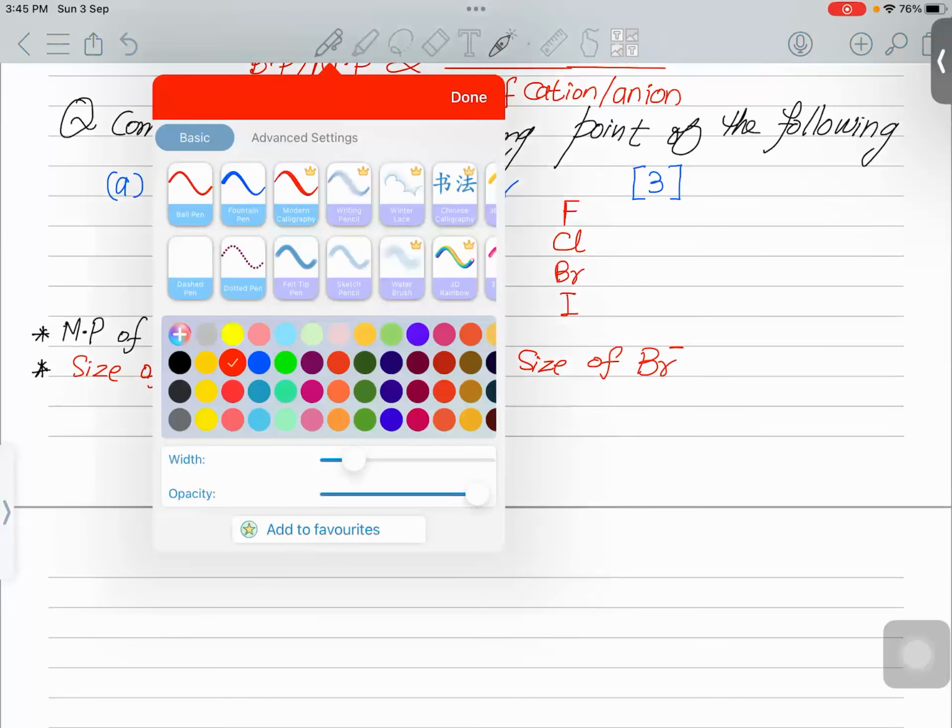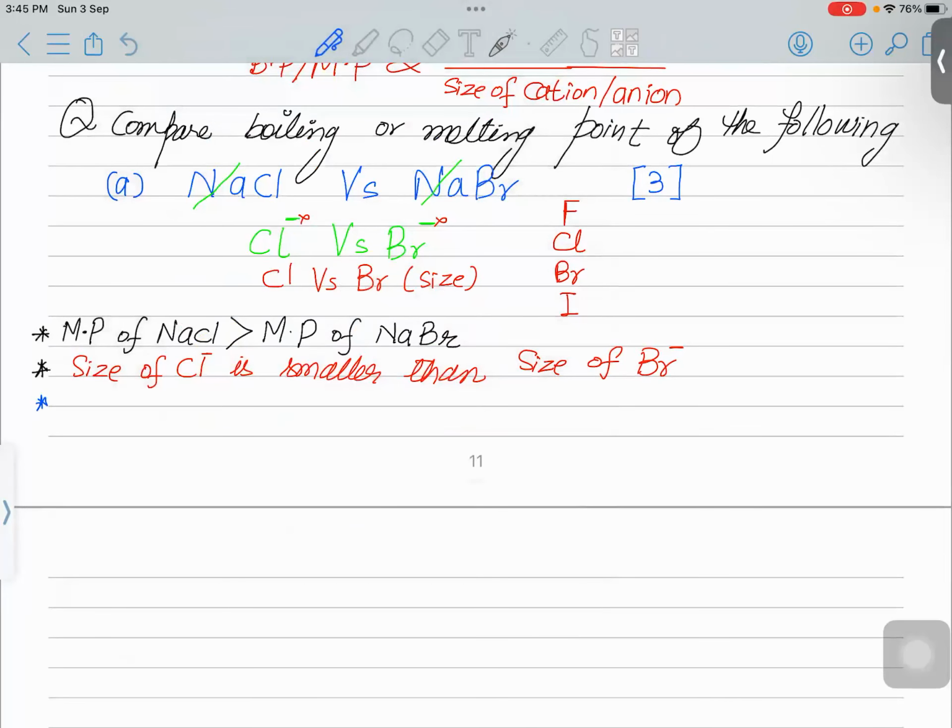Point number 3, if the size is smaller, then the distance between sodium and chlorine is smaller than between sodium and bromine. Let's suppose this is sodium, this is chlorine, this is sodium, this is bromine.